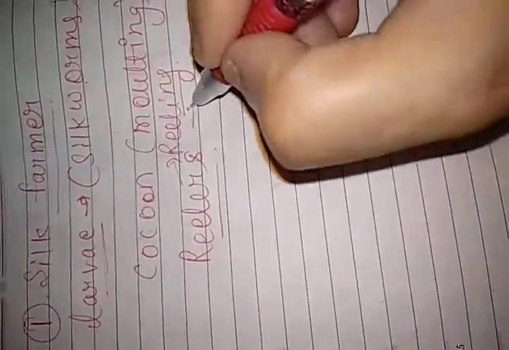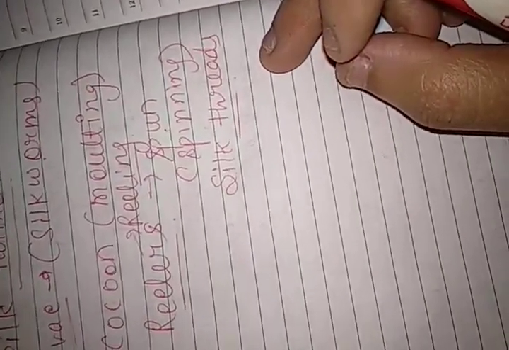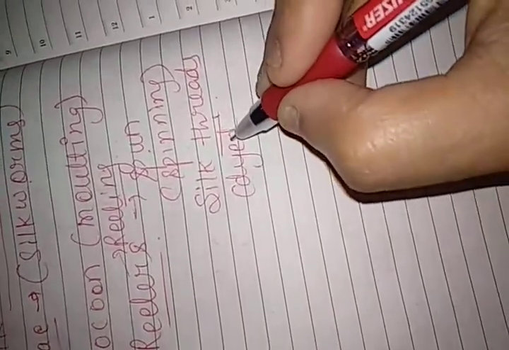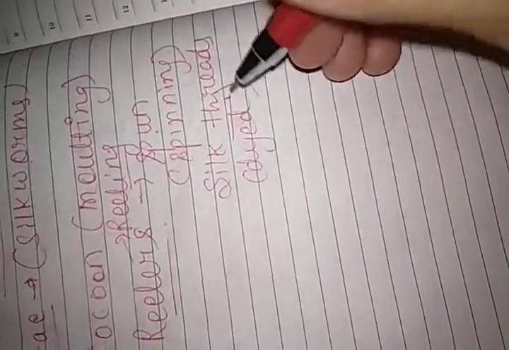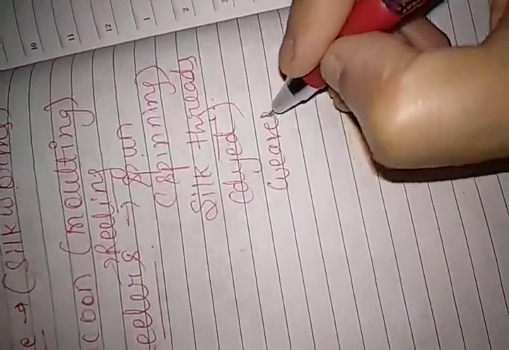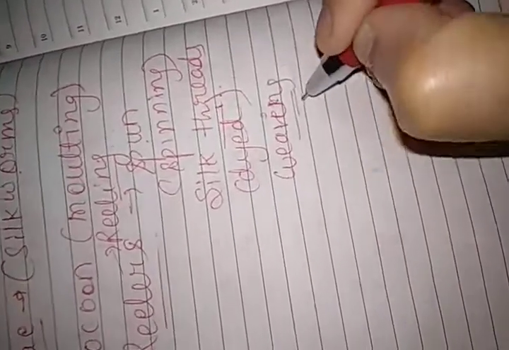And then these fibers are spun by the process of spinning into silk threads. Then these are twisted and they are dyed, that means colored. And finally you get the weaving, and this is done by weavers. They make it into fabric.